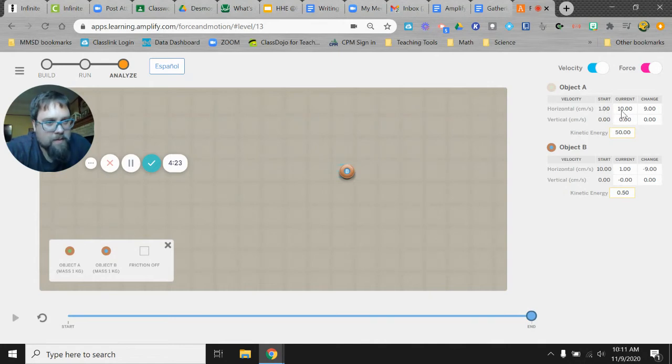Once it was impacted by object B, it actually increased its velocity to 10 centimeters per second. So we can see when we have an impact in the same direction, we could cause an object to speed up. Okay, but you have to do some more investigation. Can you get it to happen other ways? So you might want to then investigate.